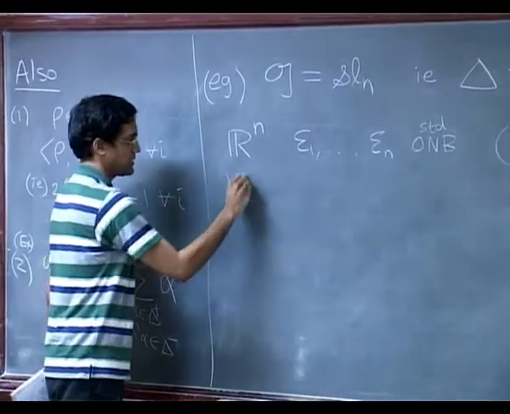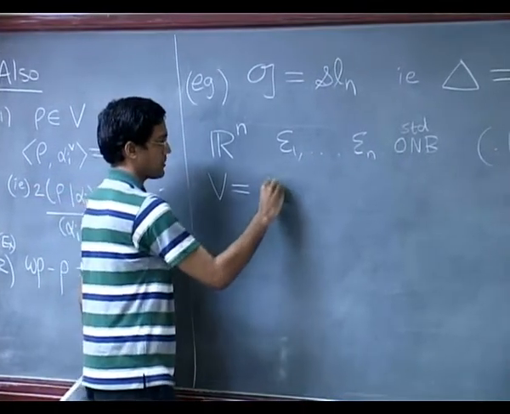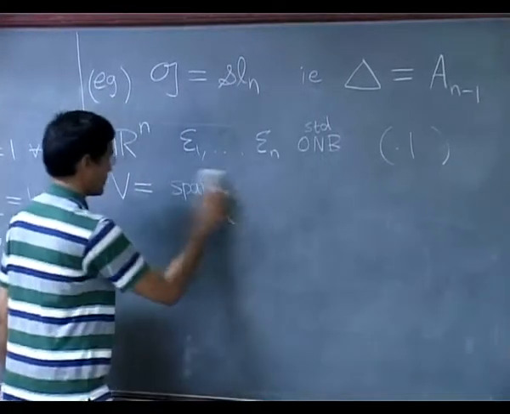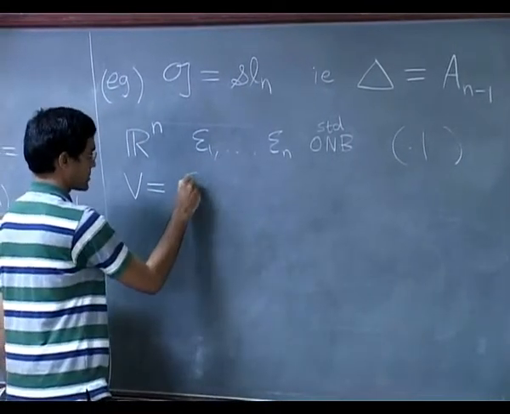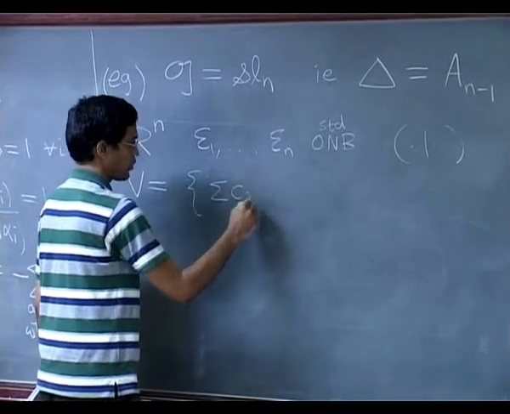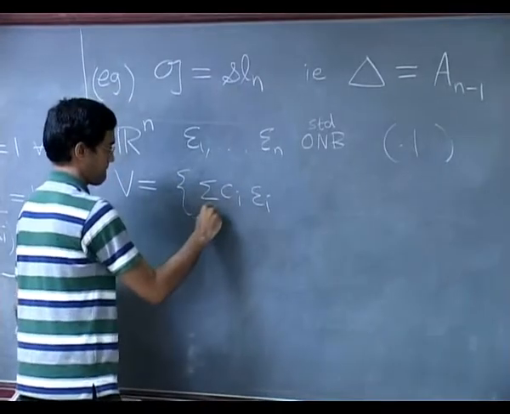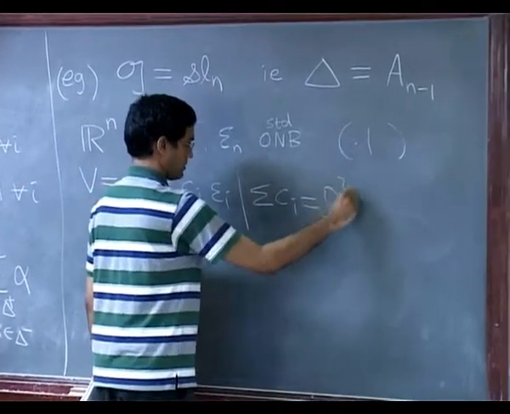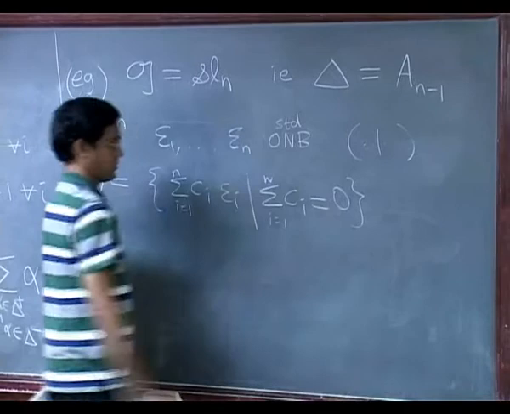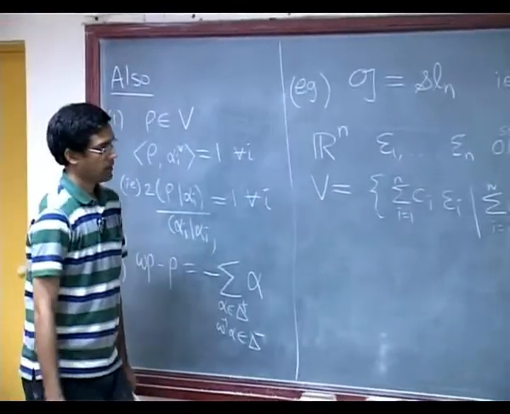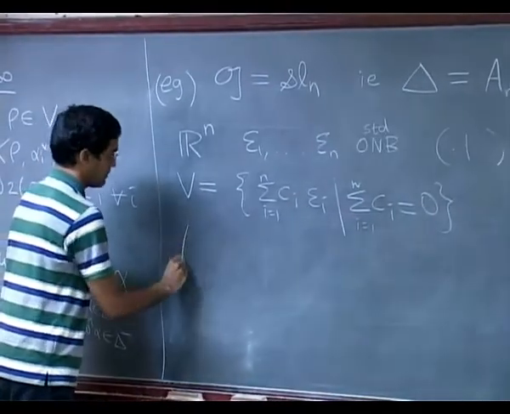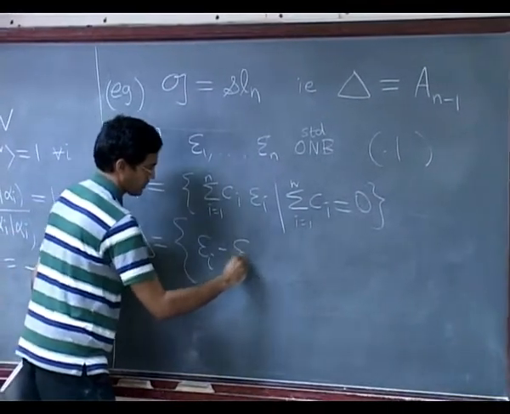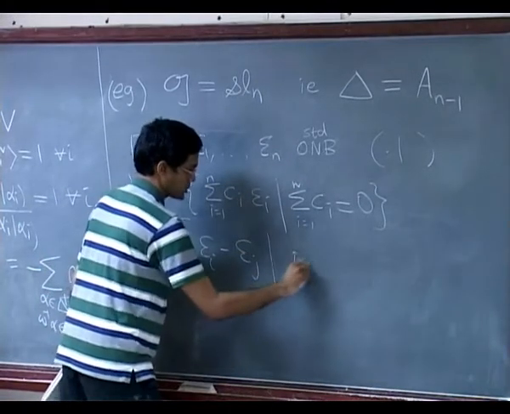And the vector space V, the ambient vector space for the root system, we could describe as all vectors whose coefficients sum to 0. And the root system itself, the elements of delta, were all the elements of the form epsilon i minus epsilon j, where i was not equal to j.